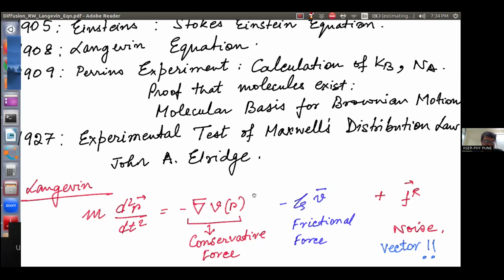This is a vector equation, but what you could also do is just write it in the x component, d2x/dt2. Then you take the x component of the force and the x component minus zeta vx, and then you would have a random number, right? So it's a vector equation, but you can write it down in x, y, and z.